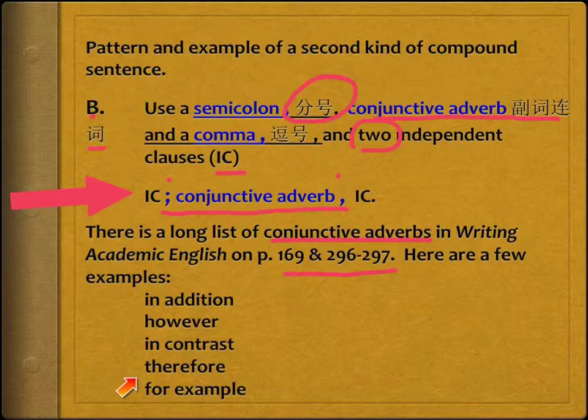I recommend you look at the list in the book and choose at least 2 in each category to memorize, and that will help you to recognize conjunctive adverbs. The list of coordinating conjunctions is shorter, so it's easy to memorize all of them. Memorize several of the conjunctive adverbs in each category to help you use them correctly too.